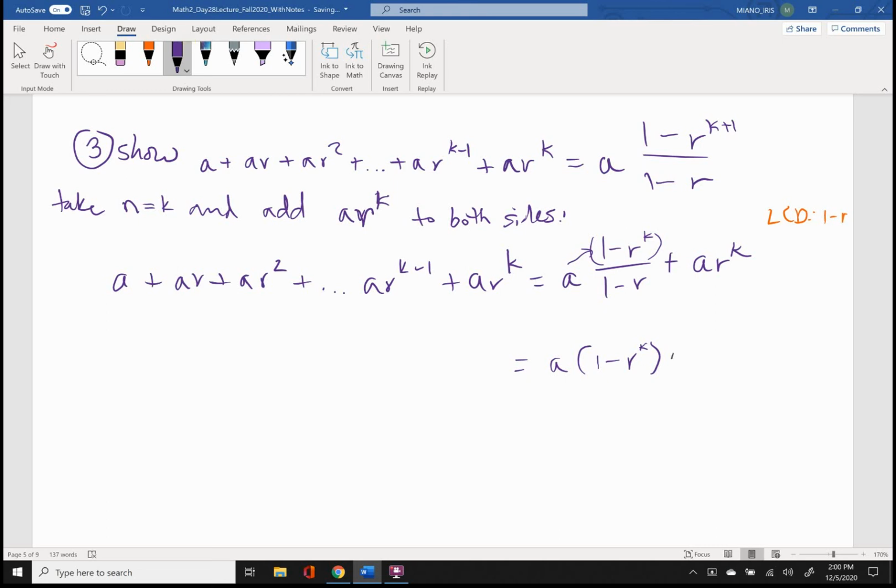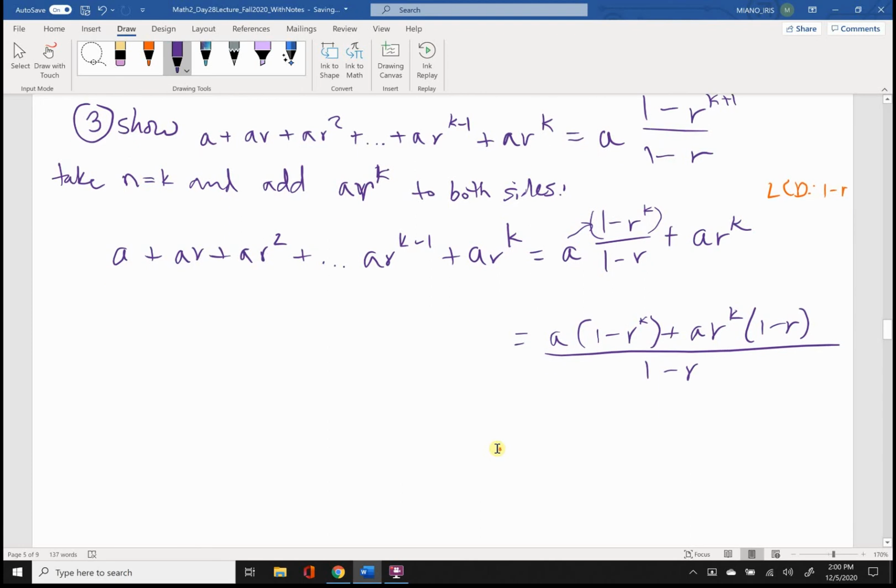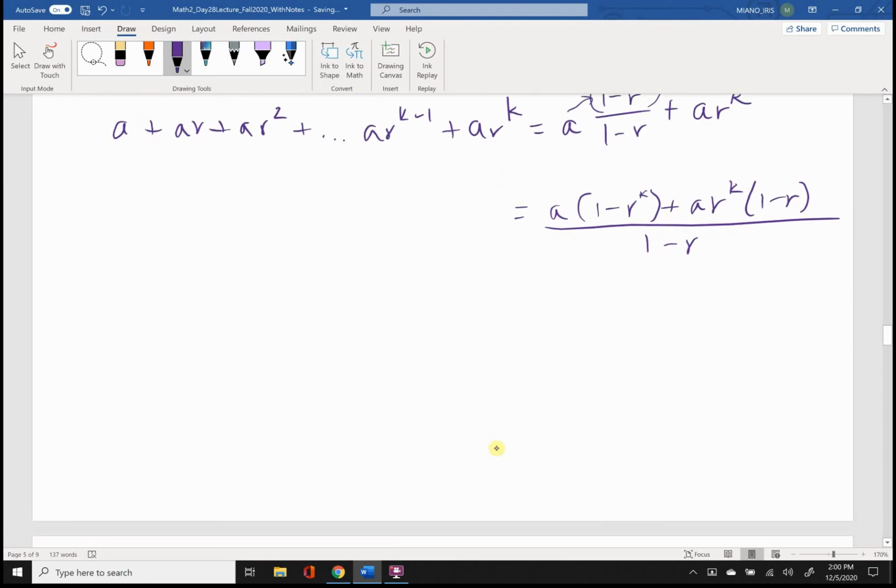And then here I will have plus ar to the kth power times 1 minus r, and that's all over 1 minus r. Okay, if you want to see a little bit more algebra associated with that, I can certainly do that in class. But in the interest of time, I'm going to go ahead and just move forward.